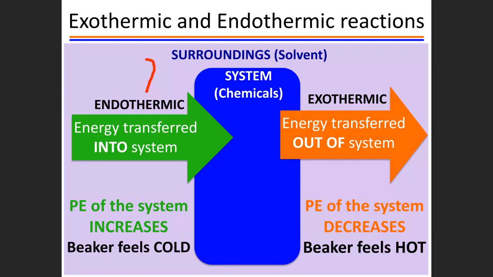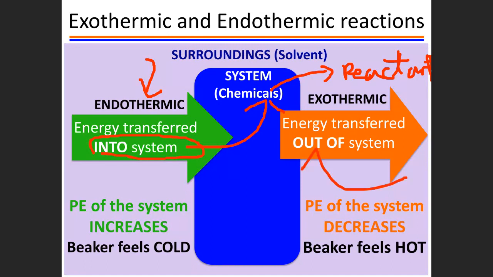Now, in an endothermic reaction, energy is transferred into the system. Into the system means into the chemicals, and the chemicals means reactants. Are you guys clear here? Yes. Now, exothermic means energy is transferred out of the system.